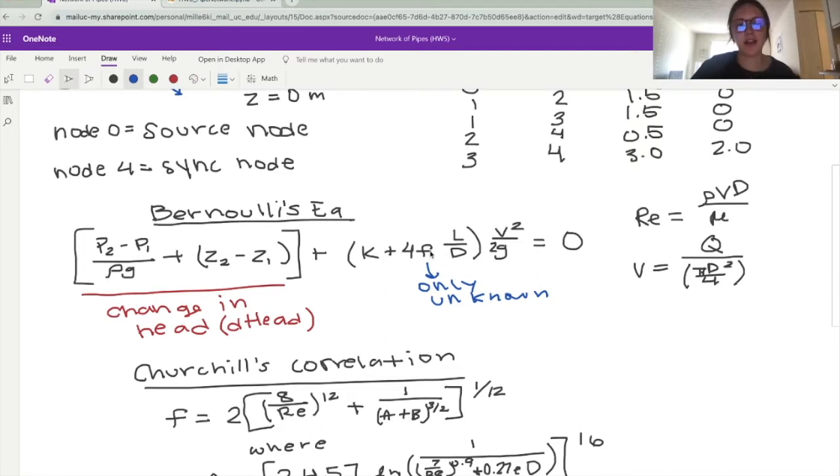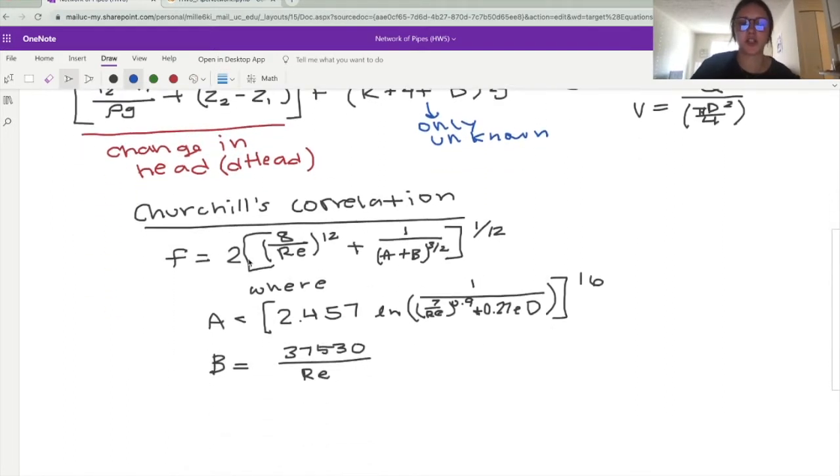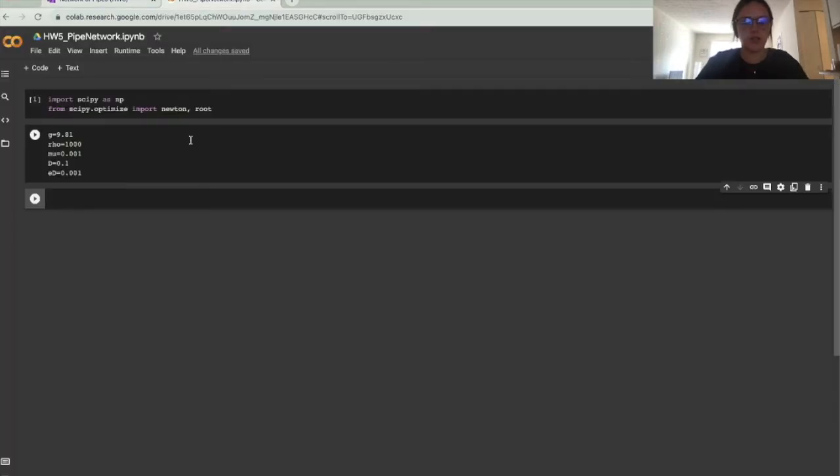To find that, we are going to use Churchill's correlation, and these are the equations that we have to find that. If you see, A and B are represented here, and we have all of the numbers that we need. So we are going to make a function finding that.